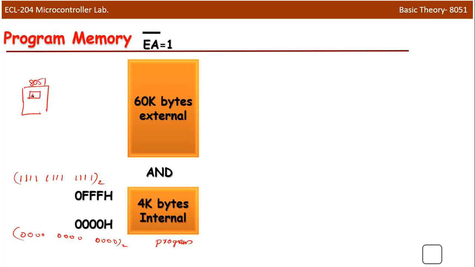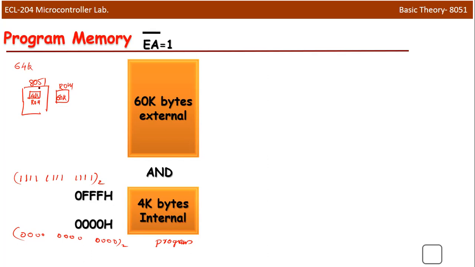Internally it contains a 4K ROM. If you are using this internal 4K ROM, additionally you can connect an external ROM, and the maximum capacity of the external ROM is 60K. So total 4K plus 60K, a total of 64K memory can be used in the case of 8051 for programming purposes.